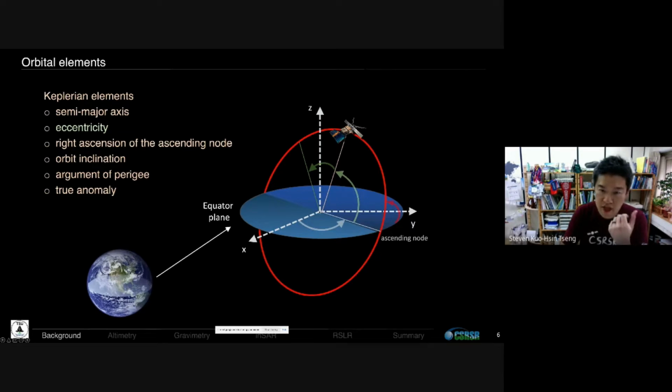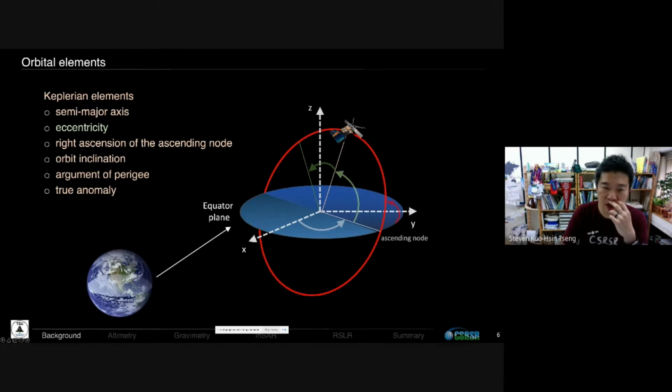X points to the vernal equinox, the intersection between the ecliptic and the equator plane. And z is the Earth rotation pole, and y is the third axis by the right-hand rule. So basically, this is a fixed frame in space, and the satellite keeps revolving around the Earth.